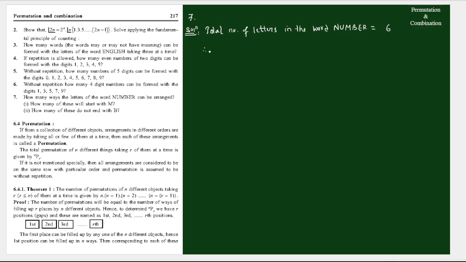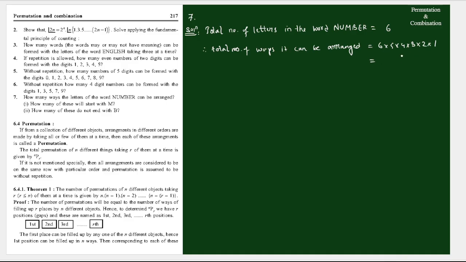Therefore, the total number of ways it can be arranged is equal to 6 into 5 into 4 into 3 into 2 into 1.